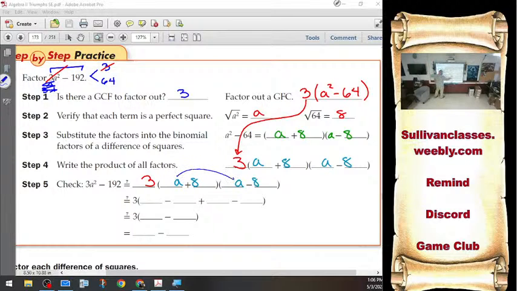What's a times a? A squared. What's a times negative 8? Negative 8a. What's 8 times a? What's 8 times negative 8?